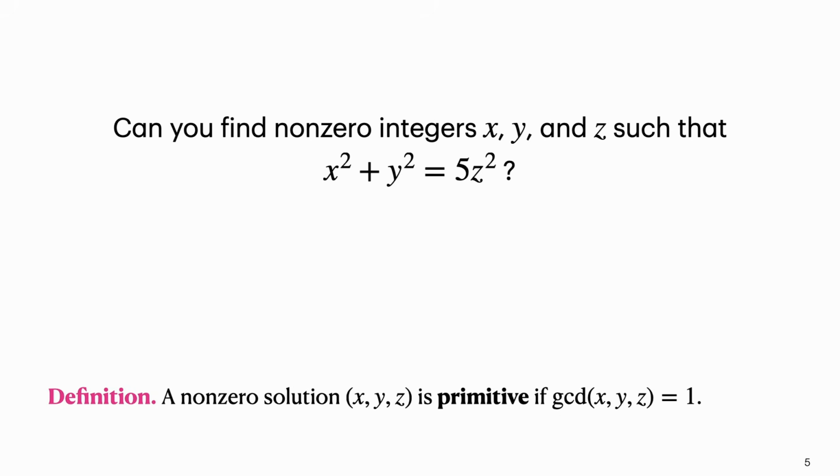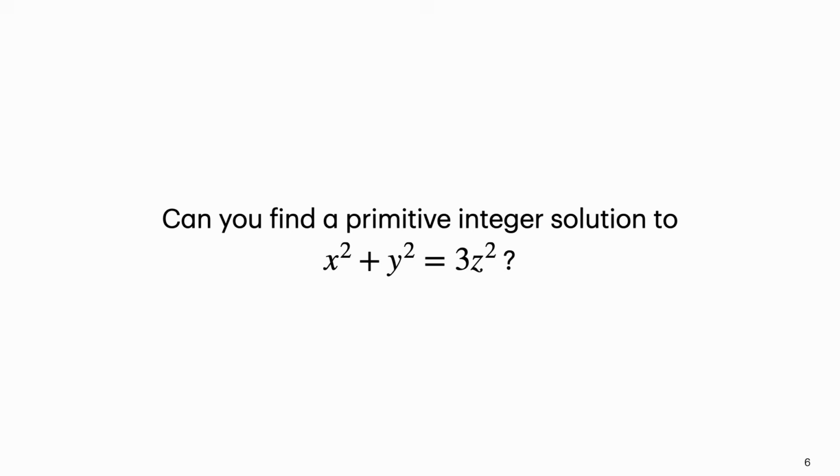And we're going to call a non-zero solution primitive if the GCD of x, y, and z is 1. So we can always rescale and take common factors out, so we can ask for our solutions to be primitive like this. Okay, so we have solved this quadratic equation.